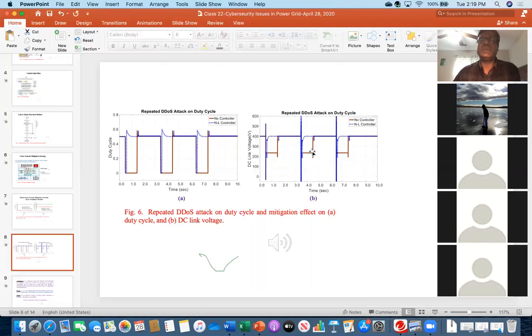Because this is the voltage response, there is a huge spike or oscillation initially, but that is okay, because after a little while, the voltage is coming back to the original 400 volt. In that way, you can put in the mitigation controller.